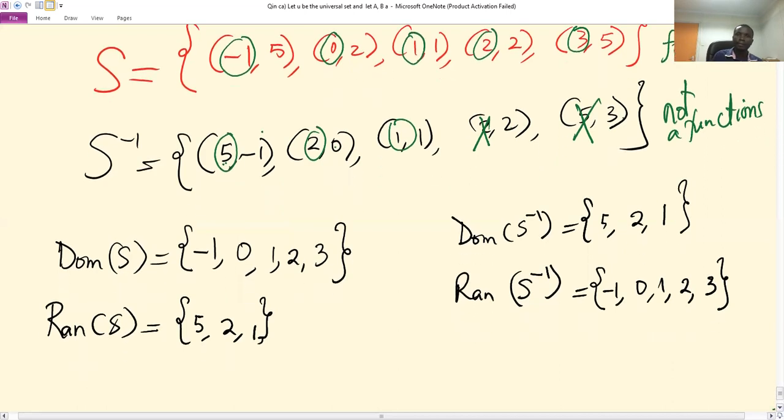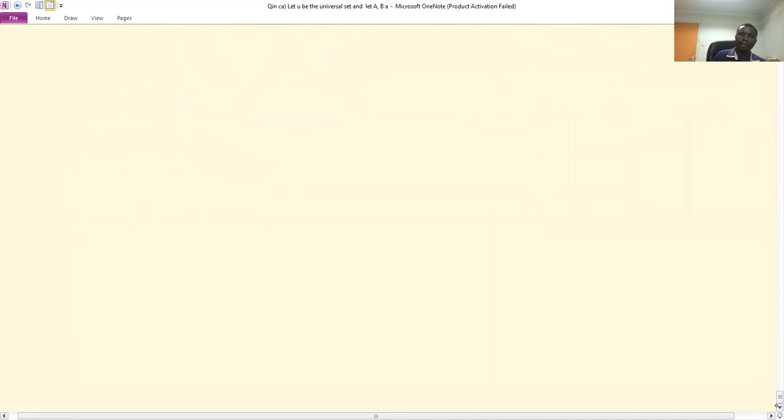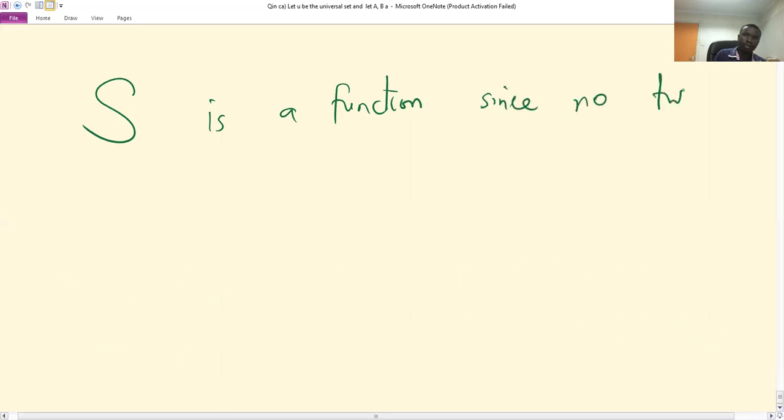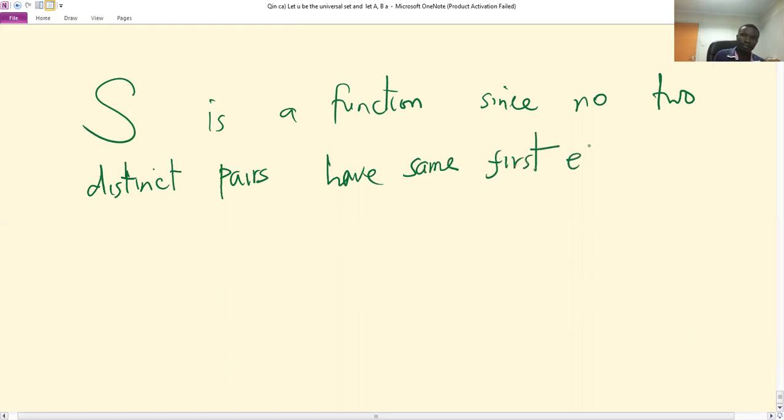So formally we say S is a function since no two distinct pairs have the same first element and different second elements.